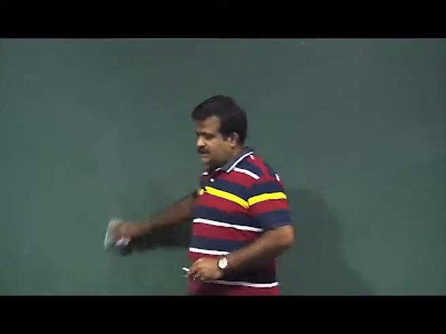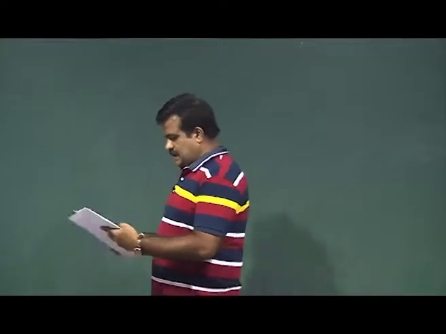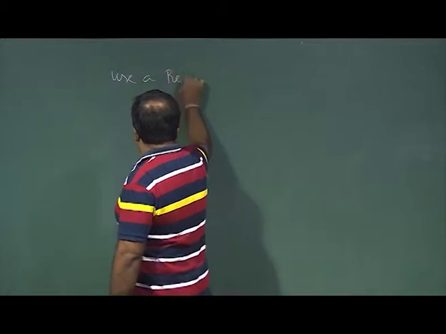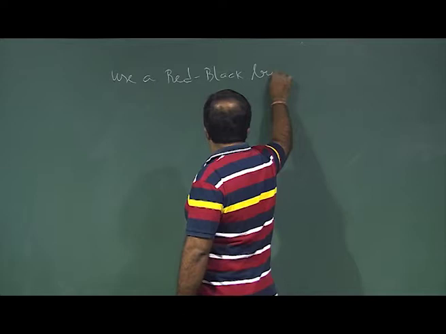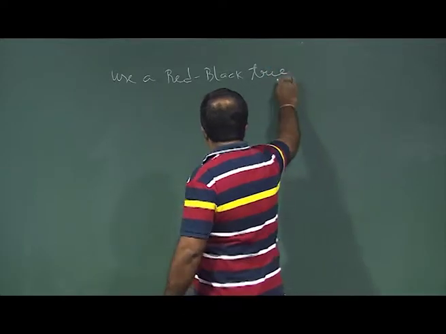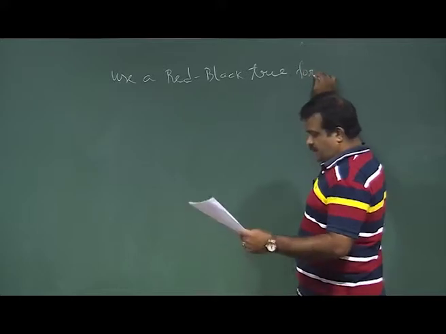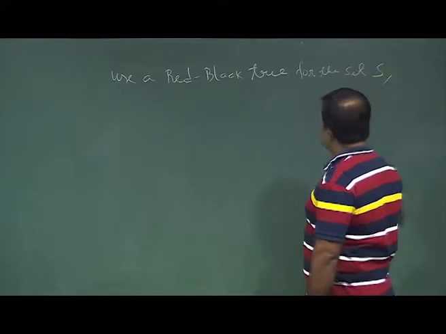So basically the idea is to use the red black tree, because it is a balanced tree, for the set S, because the set S is dynamic.